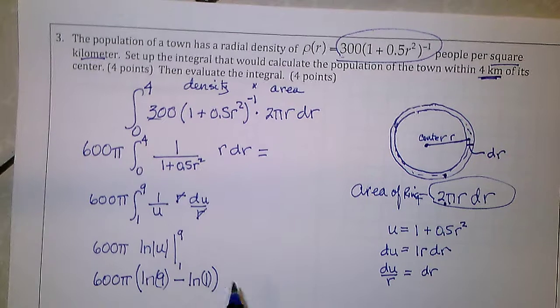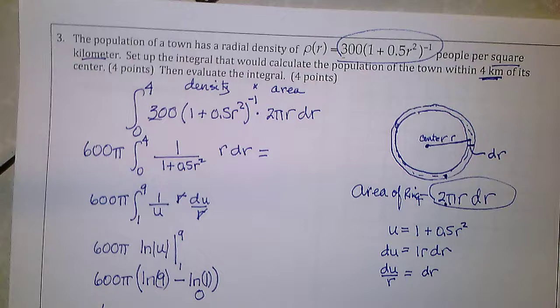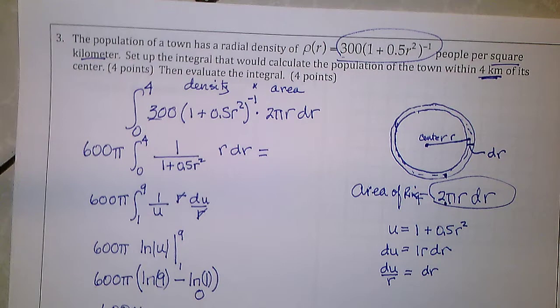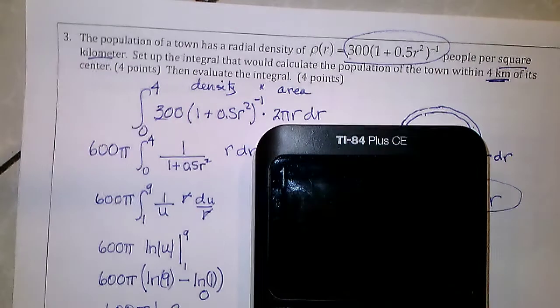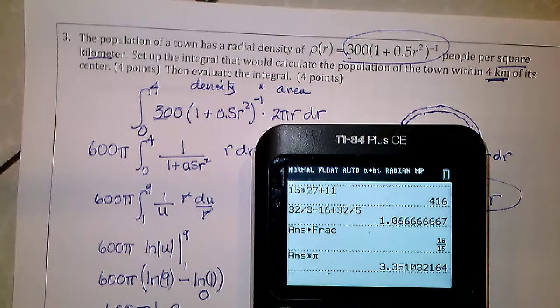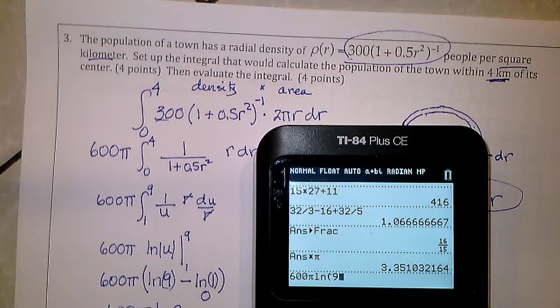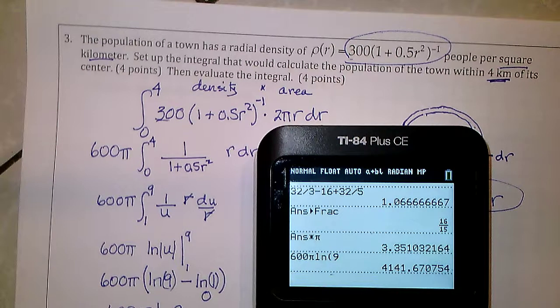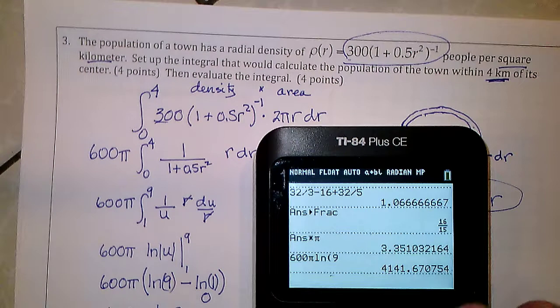Well, ln of 1 is 0, so I have 600 pi ln 9, which equals about 4,142.